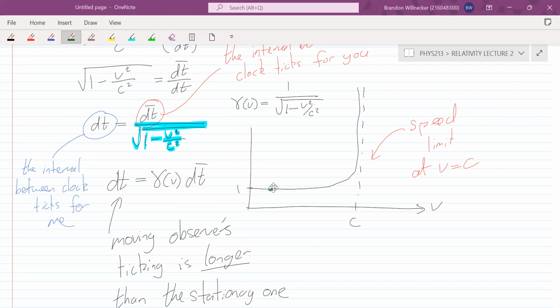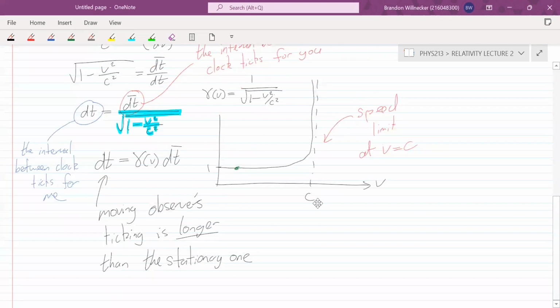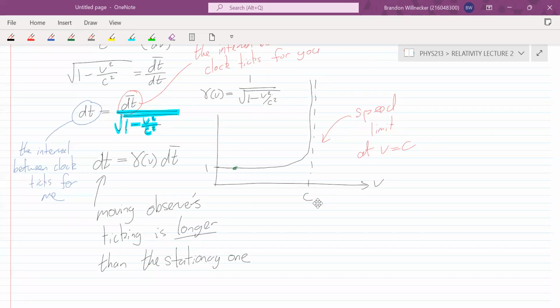However, as the speed gets closer and closer to the speed of light, we see that there's much more of a difference between these two rates. And that's because of this relative motion between the observers. So this is our conclusion here. We call this time dilation.